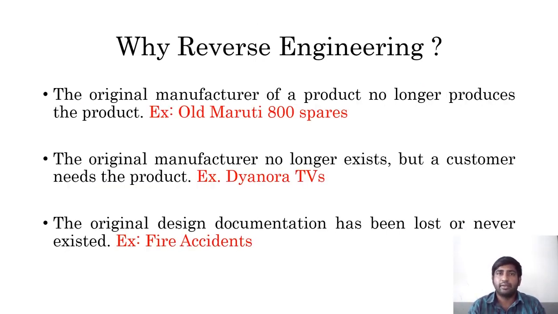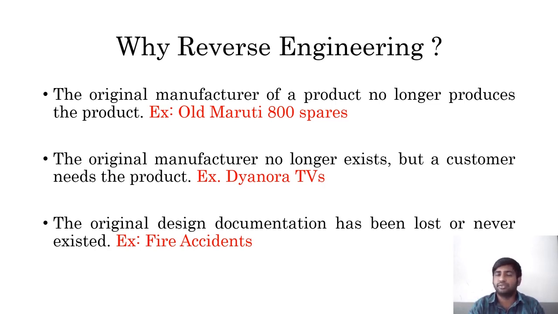So why reverse engineering? This is the prime thing we should know about. The original manufacturer of a product no longer produces the product. For example, in the case of the old Maruti 800, the manufacturer no longer produces the existing product.